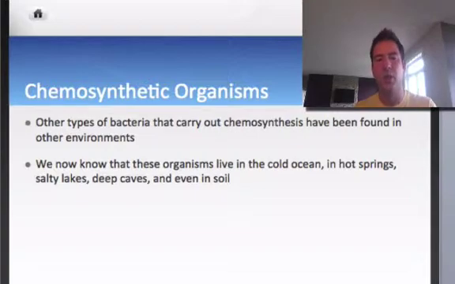So where sunlight doesn't hit and there's still life, you can expect that chemosynthesis is going to be there, and those are chemosynthetic organisms.